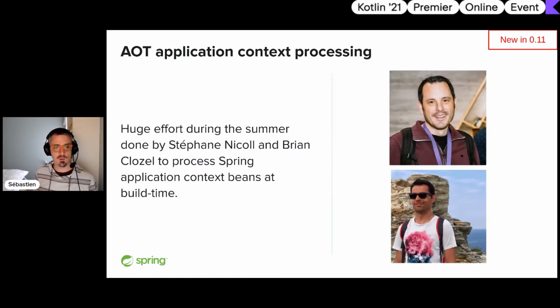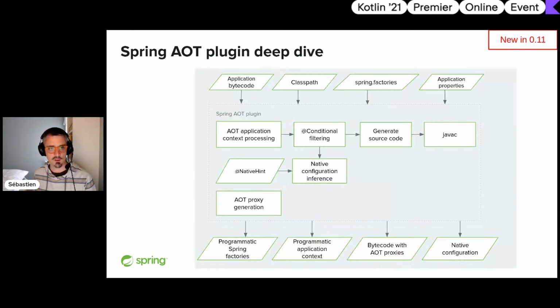And during the summer, a huge effort has been done by Stephane Nicoll and Brian Clozel to process Spring application context beans at build time to basically optimize the runtime behavior. So what we do now is that when you build your application, we are going to create the Spring application context. We are not going to run it. We just create it.